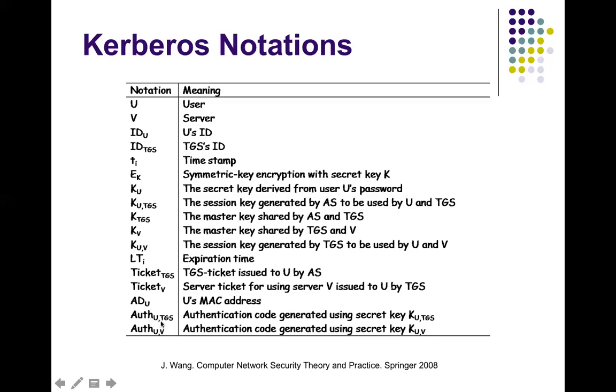Auth sub U comma TGS is the authentication code generated using secret key K sub U comma TGS. And auth sub U comma V is the authentication code generated using secret key K sub U comma V. Okay, so those are the parameters and notations that Kerberos uses.